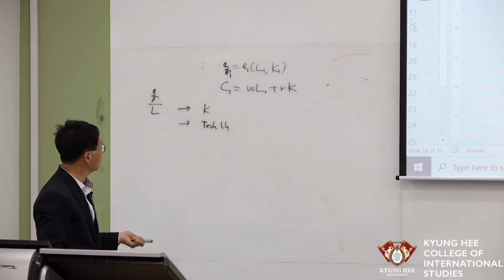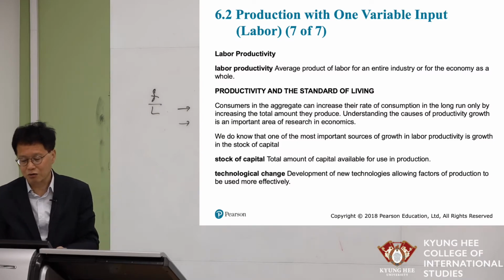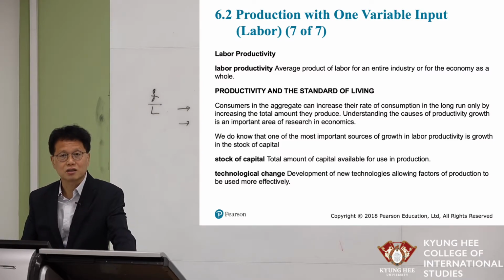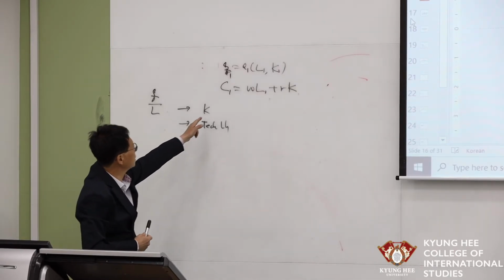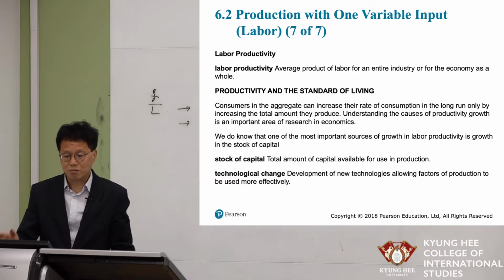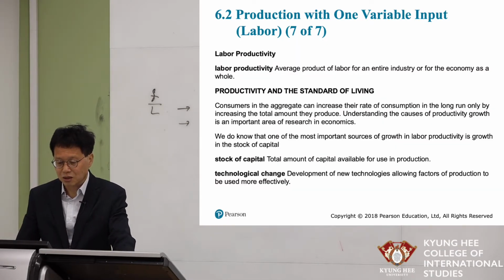That happens because of increasing capital stock. Now think about a pizza restaurant. Two laborers cook pizza with one oven. In the other case, two laborers cook pizza with 10 ovens. The latter case is more productive than the first. In other words, as capital stock increases, labor productivity increases. That is the stock of capital.